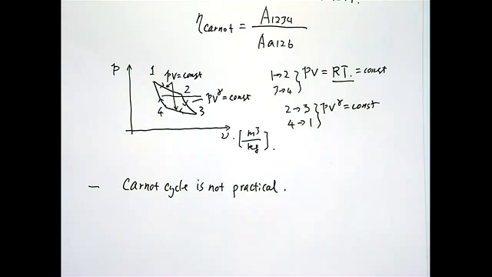And the driving force for heat transfer to happen is a temperature difference. You need the temperature to be different in order for heat to be transferred from hot to cold, right? But the process says you need an isothermal heat addition. So heat needs to be added in an isothermal way to the system, which, if you want to approach it, you have to have the process happen very slowly.